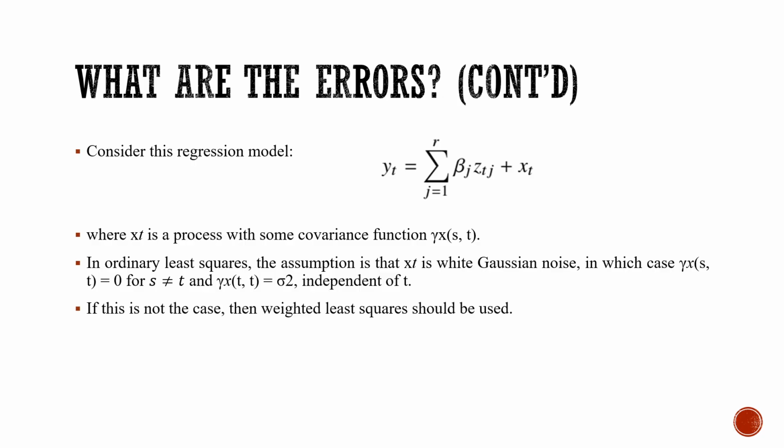Errors usually are a process with some covariance function. In ordinary least squares, the assumption is that xt is white Gaussian noise and the covariance for st equals 0 and covariance of tt equals variance independent of t. And if this is not the case, we usually use weighted least squares.